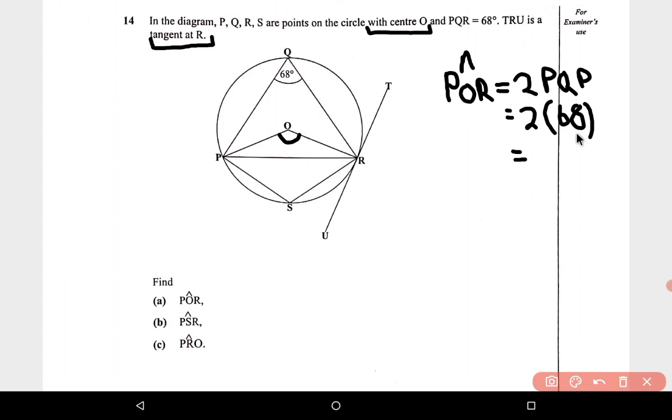Remember, no calculators are allowed here. So this will be 136 degrees.